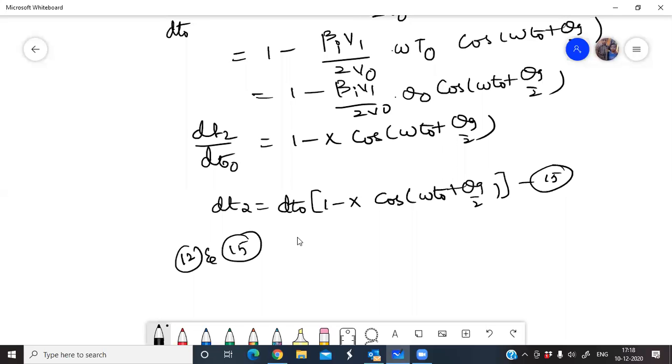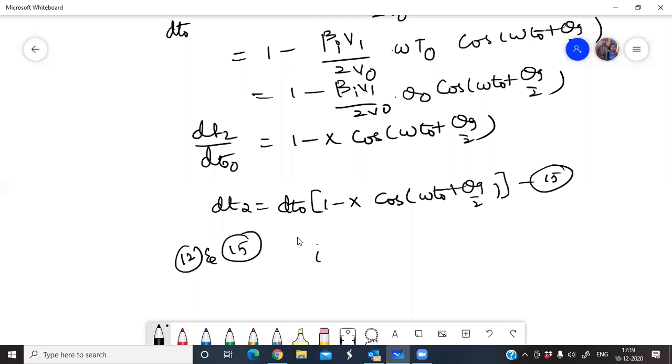Here I want to write I2 dt naught equal to I naught dt naught equal to I2 dt2. So dt2 by dt naught equals capital I naught by I2, right? Now I want to substitute dt2 by dt naught equal to 1 minus x cos omega t naught plus theta z by 2.